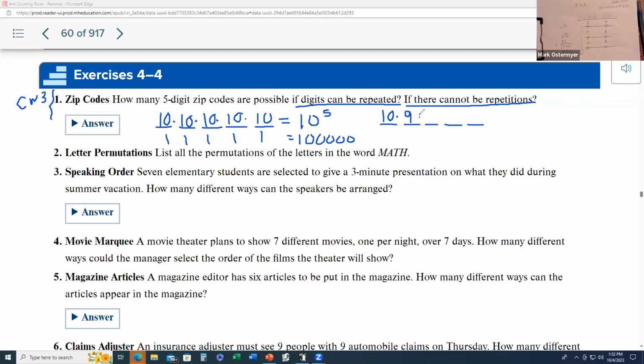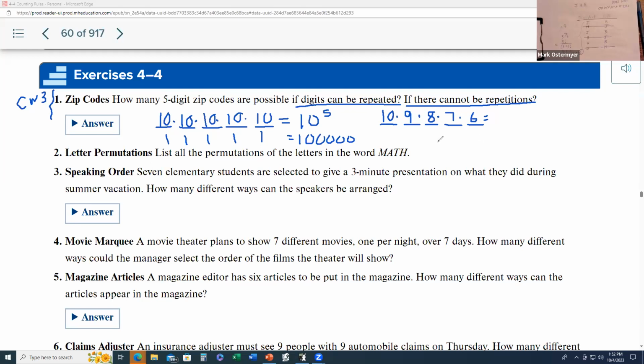Times, but now we leave out 2 digits, one for the first and the second position of our zip code. Well, that leaves only 8 digits to select to populate the third slot. But now we left out 3 digits, so that leaves only 7 left to populate the fourth slot. But now we left out 4 digits, so that leaves only 6 digits to populate the what? The fifth and final slot.